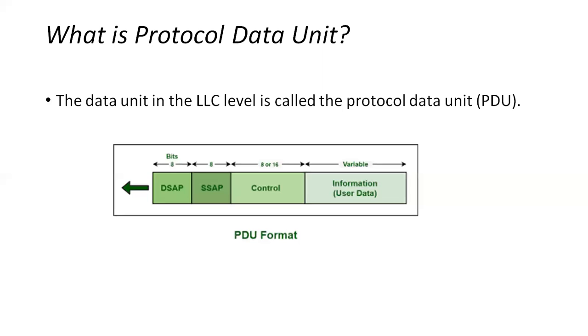DSAP and SSAP are addresses used by the LLC, logical link control, to identify the protocol stacks on the receiving and sending machines that are generating and using the data. The control field specifies whether the PDU frame is an information frame or a supervisory frame or an unnumbered frame.